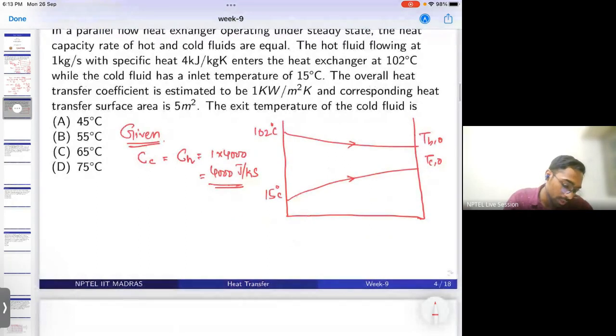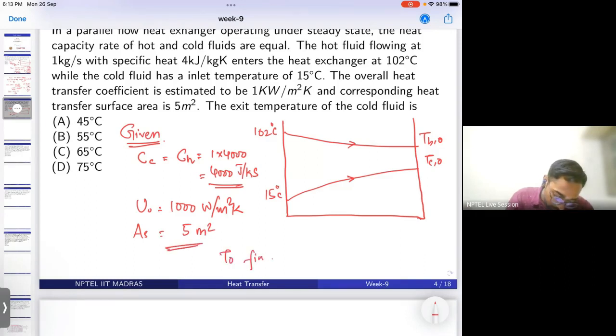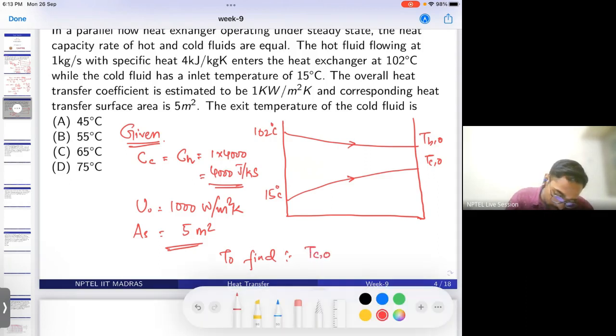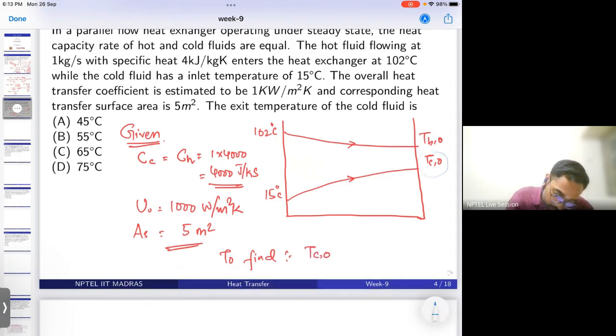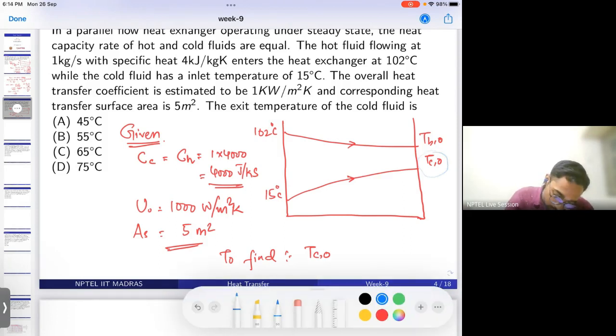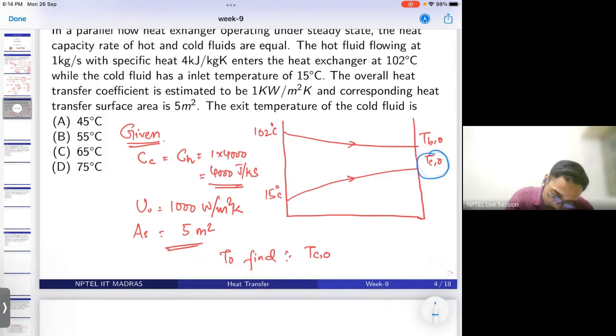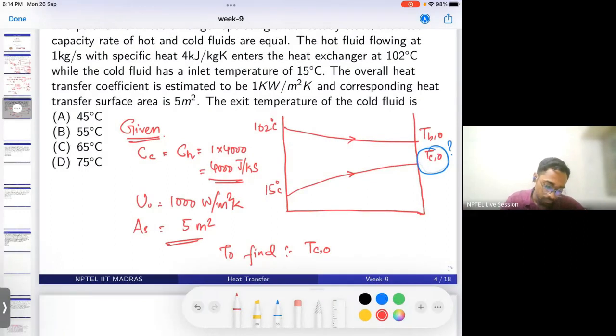That is a given parameter. And the overall heat transfer coefficient Uo is given, that is 1 kilowatt per meter square Kelvin or 1000 watts per meter square Kelvin, and the surface area of heat transfer is also given, 5 meters square. And to find is the exit temperature of the cold fluid, Tco. This is what we need to find out. Okay.